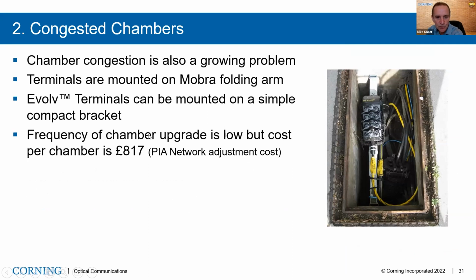And these much smaller evolved terminals can be mounted on a simple compact bracket, which I'll show in a couple of slides. Again, it might not be a hugely common case that new chambers are needed, but when they are, the network adjustment cost is £817 per chamber.